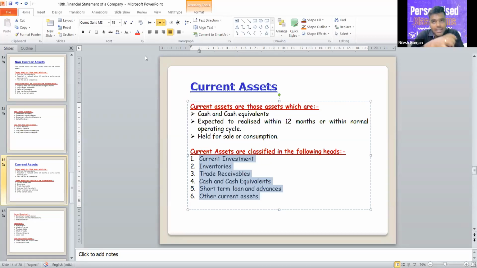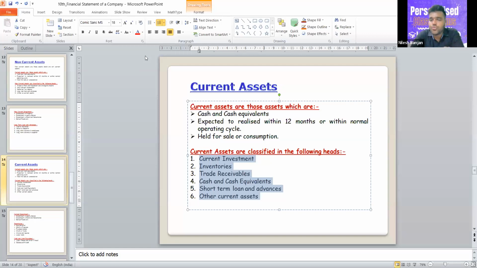For classification of assets and liabilities, our intention is very important. Sometimes there is no time factor to realize money from assets or to pay liabilities, but there is some intention of the business person about how much time to realize the money.